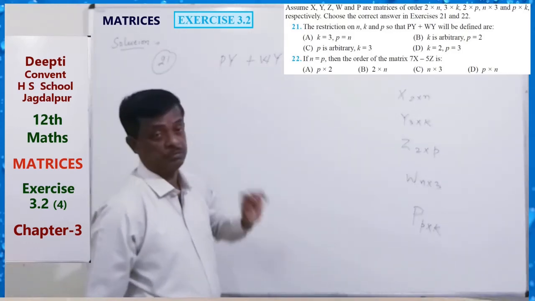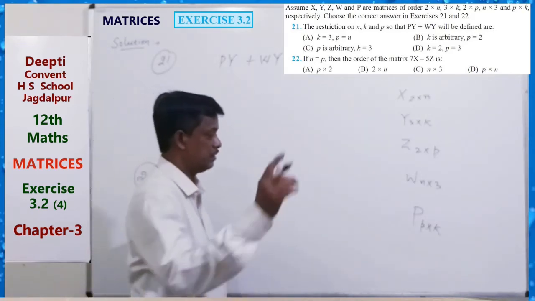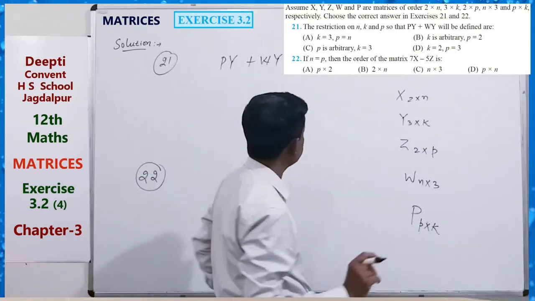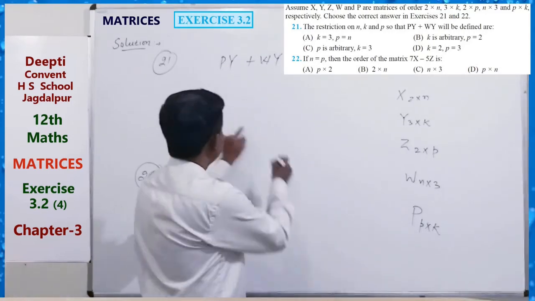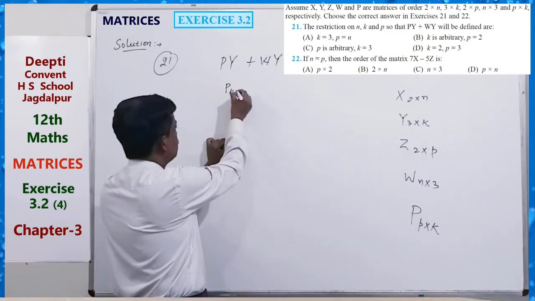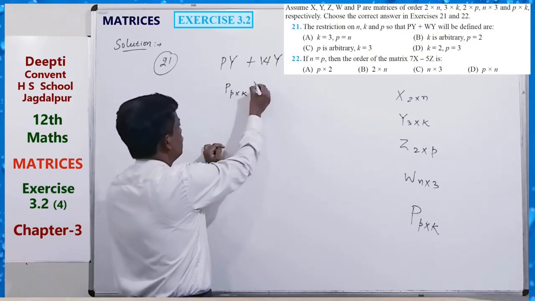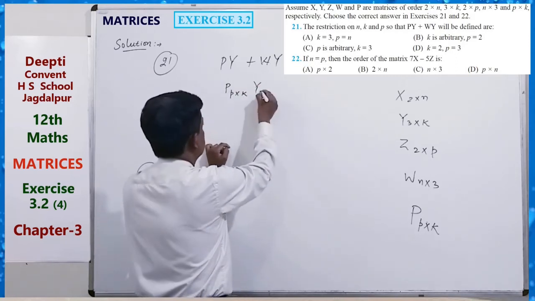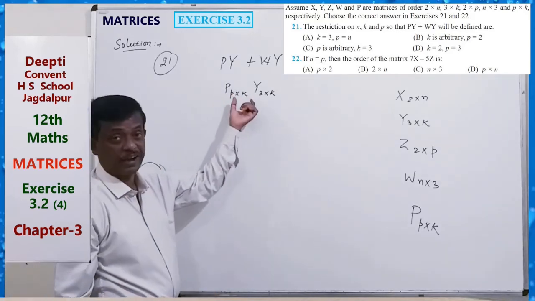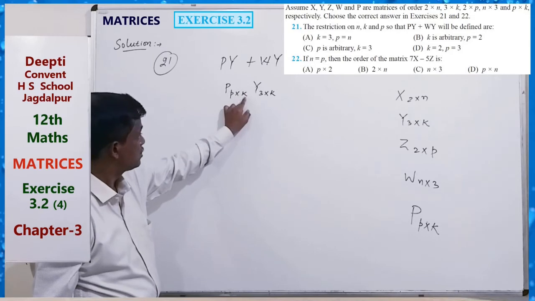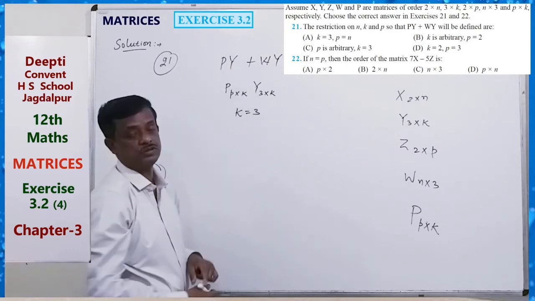And for multiplication, see py: p is of order p by k and y is of order 3 by k. For defining py, this should be equal, so k equals 3.